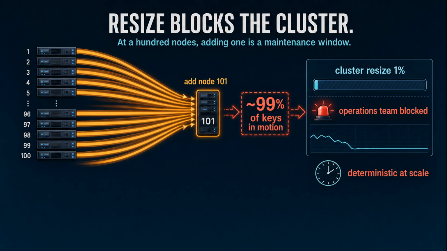How does the cluster even stay online during a resize like that? It mostly does not. You either run a maintenance window or you slice the move and rate limit it. The operations team is blocked either way. At larger scale, it is a deterministic disaster. Right. Resize is the move that exposes it. We need a placement scheme that survives resize.